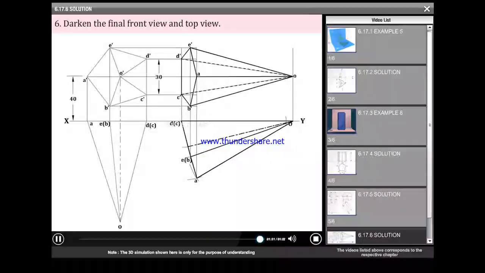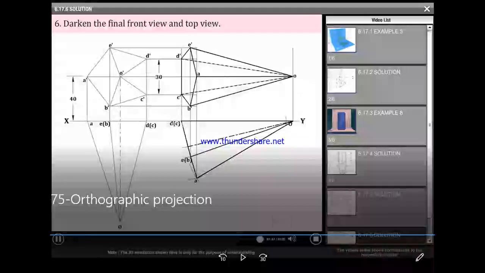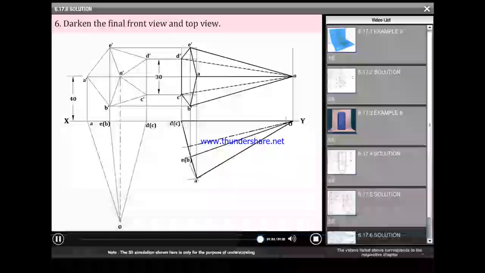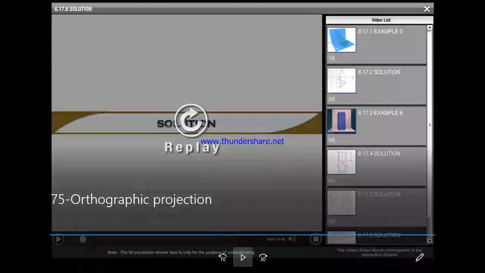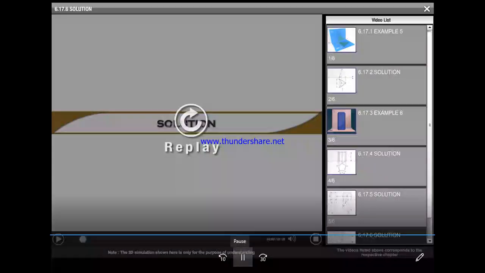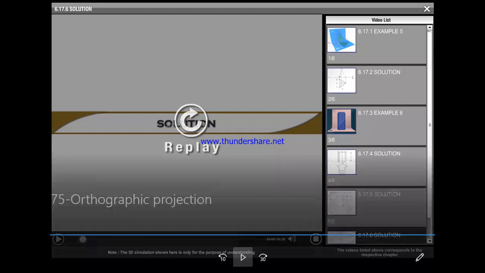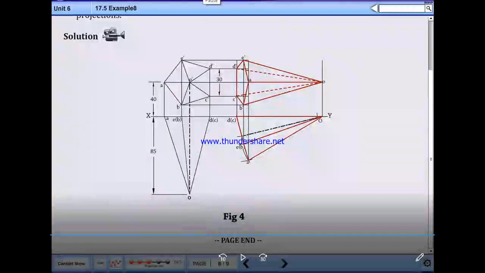This is the final view. Note down clearly.